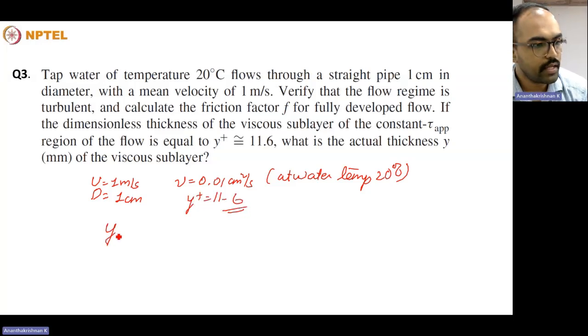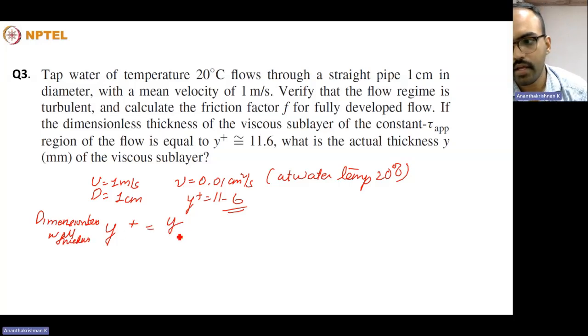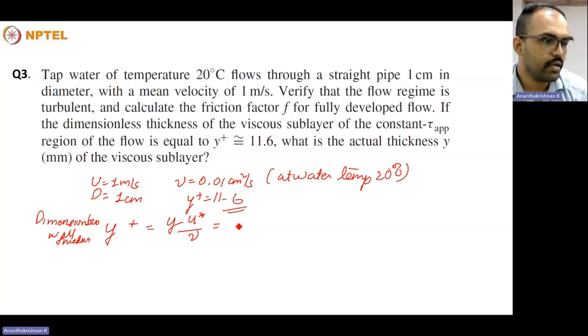So y plus is the dimensionless wall thickness. Y plus is equal to y times the shear velocity U star divided by the kinematic viscosity nu. U star can be written as the square root of shear stress divided by density.